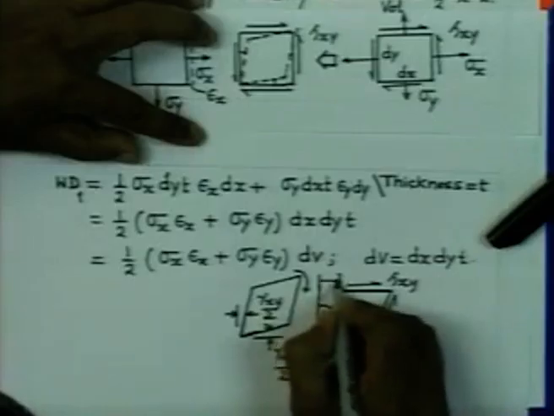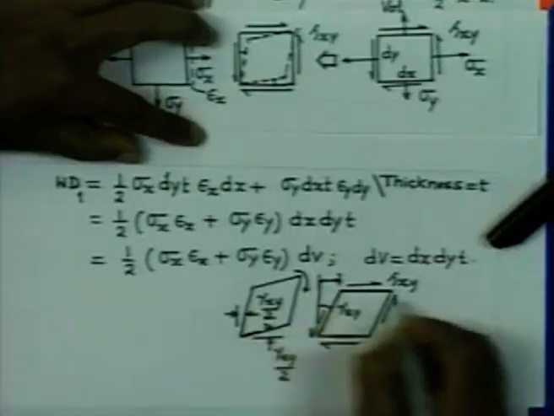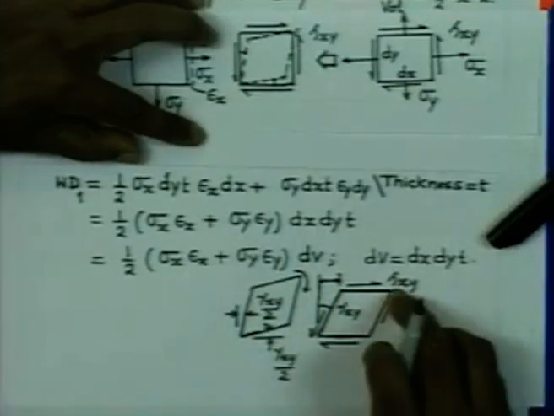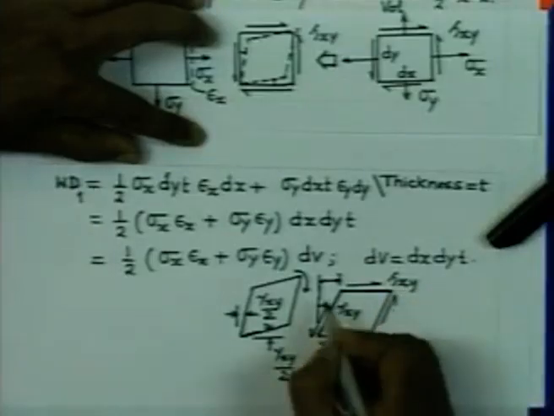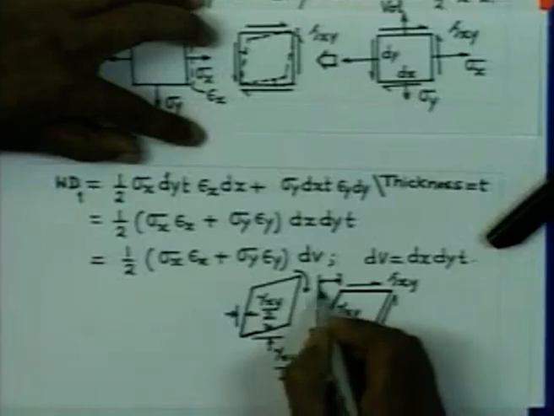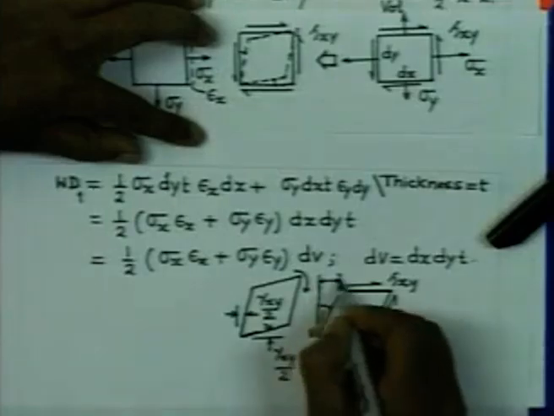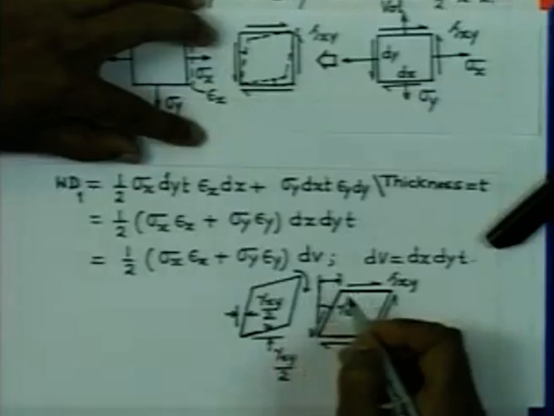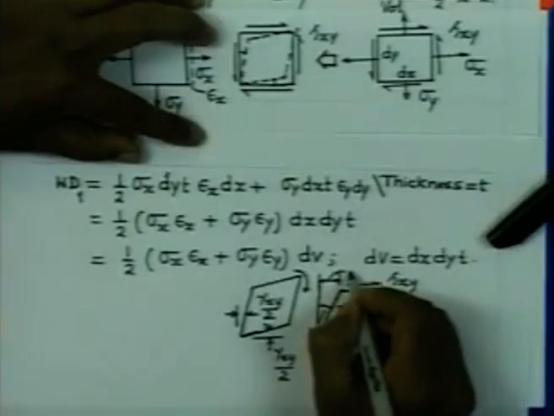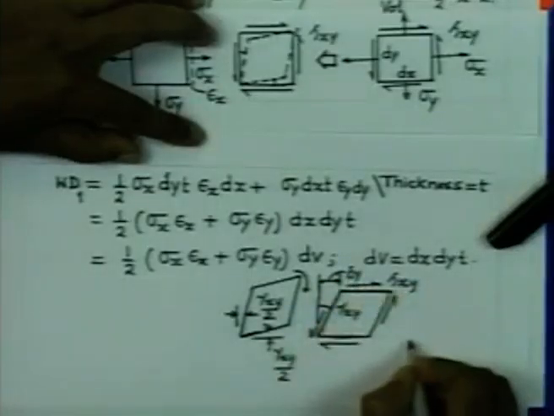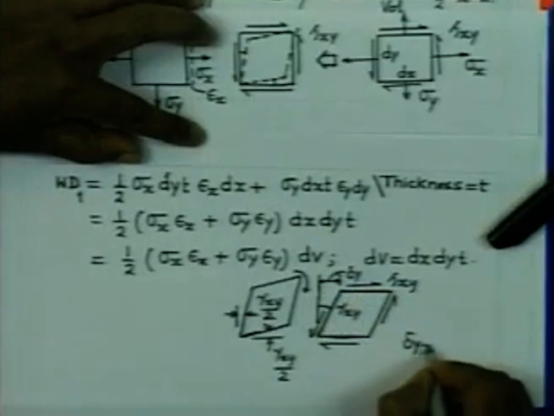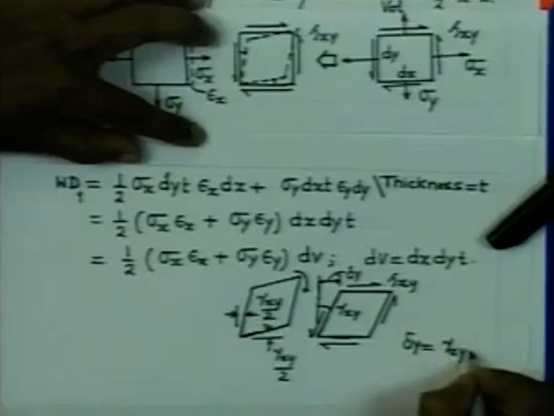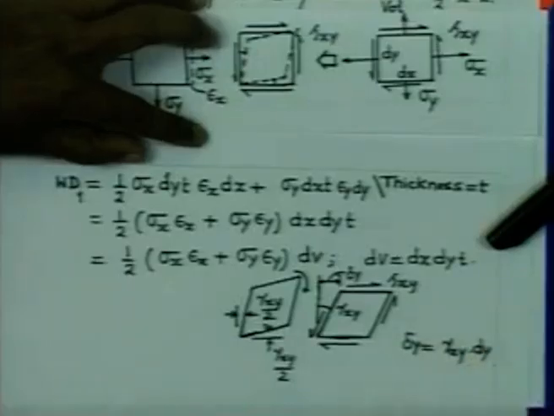So, this is the shift of the point of application of this load, which is tau xy into dx into t, and if this angle is gamma and this height is equal to dy, then this movement delta y is nothing but gamma xy multiplied by dy.